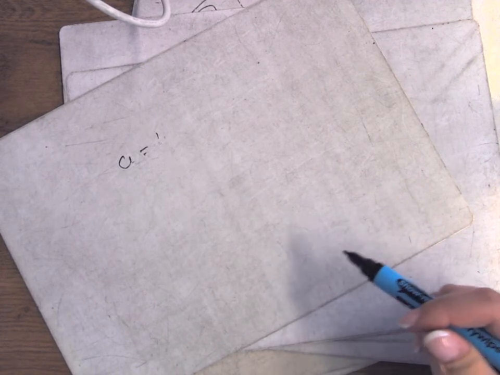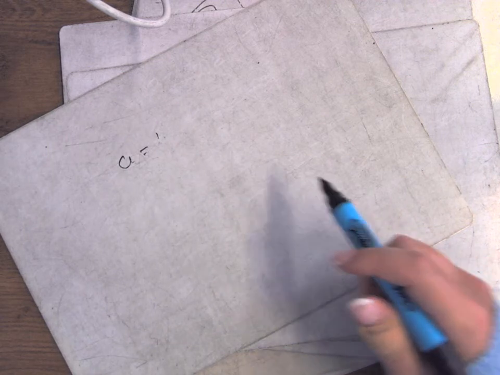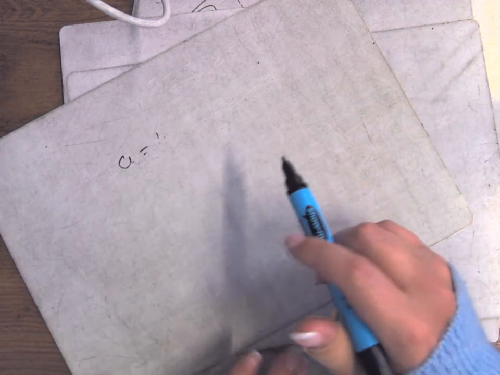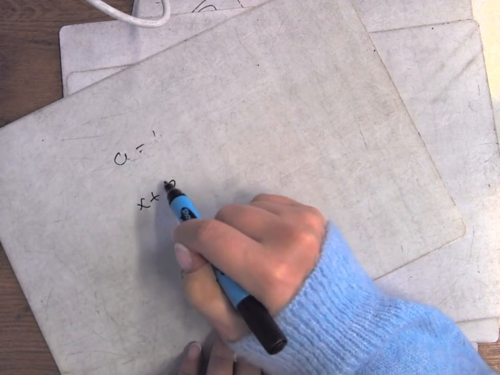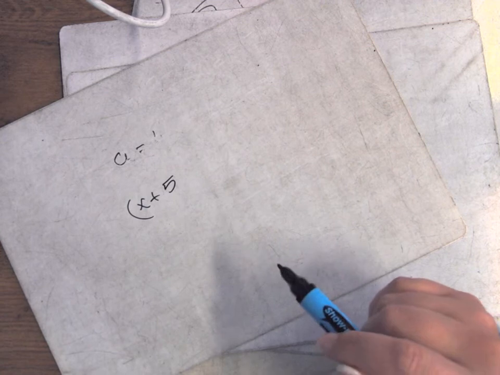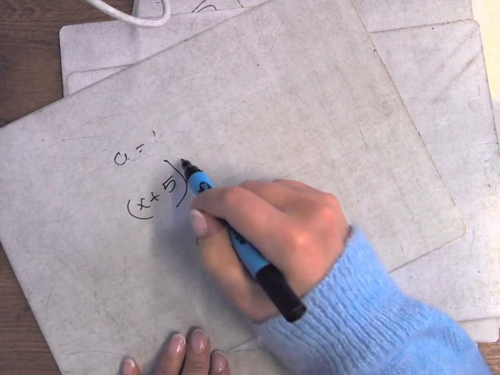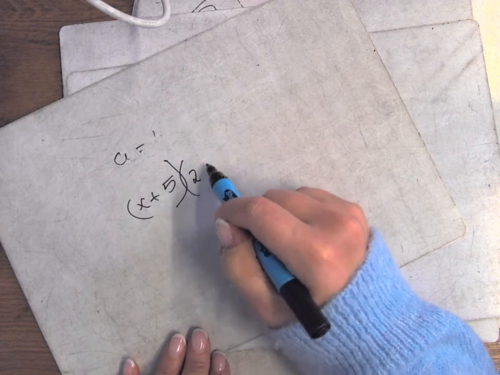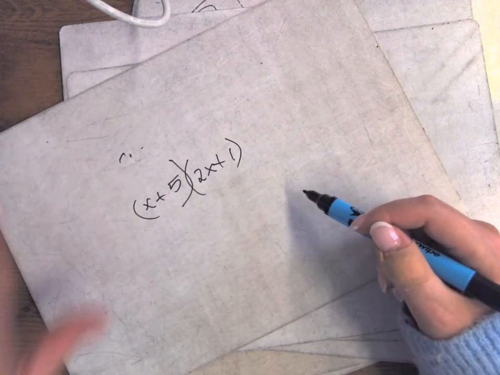Where's multiplying our brackets? Why haven't I? Because I skipped it. Right. If I had something like x plus 5 multiplied by 2x plus 1.